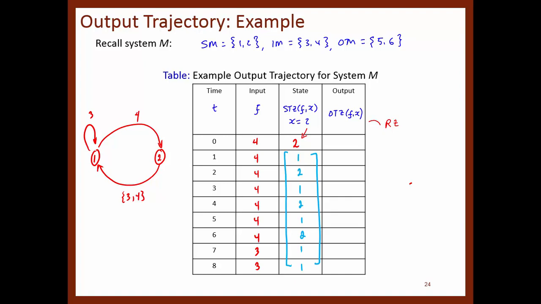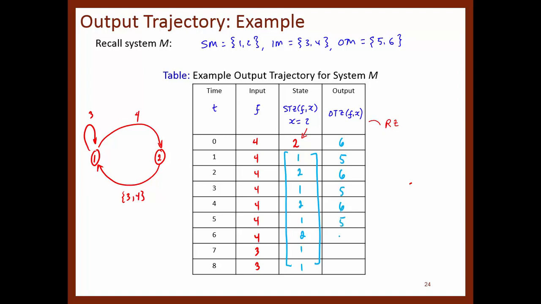The important thing now is that we are going to also complete this output readout function. So if we are in state 2, that means that the service has been completed. So we are going to generate a 6. If we are in state 1, then nothing happened. State 2, service is completed.